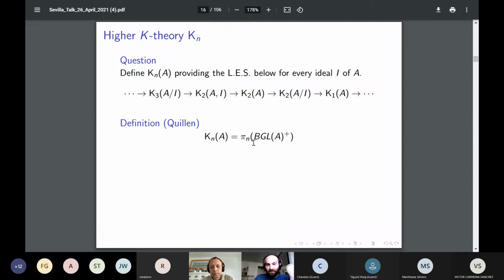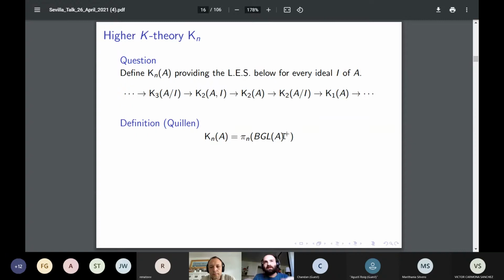This definition says that the degree n algebraic K-theory group of a ring A is the degree n homotopy group of this topological space, where we again have the infinite general linear group of A appearing in the definition, and B denotes the classifying space, and this plus denotes the plus construction, which Quillen comes up with in order to define these groups.